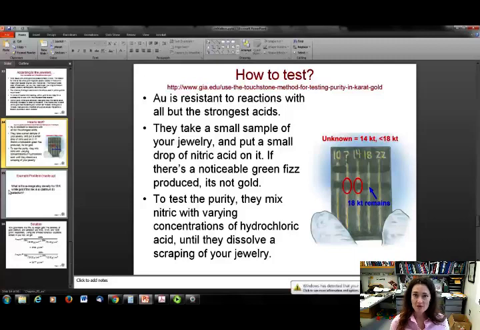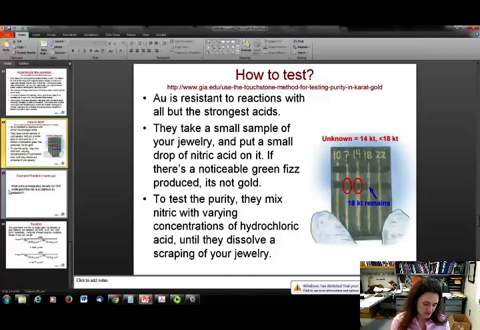If it dissolves very easily with a weaker acid, then it's not gold at all. If you dissolve it all and there's this really green reaction, then it's some other base metal and it's not gold.